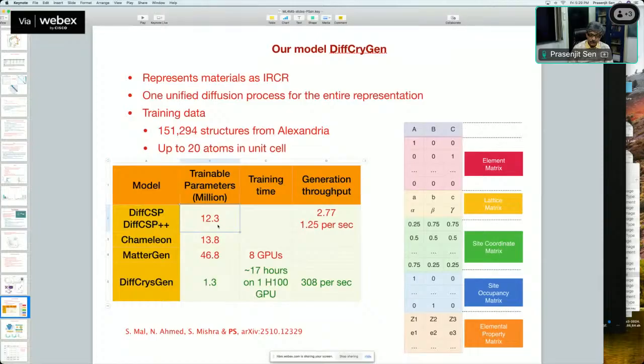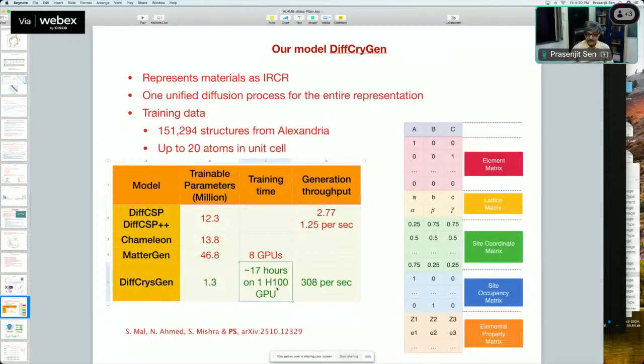These had 12 million parameters. Chameleon had 13.8. In comparison, because of this simple architecture, a single diffusion happens, so there is one score function that you have to estimate, so there is only one neural network. The number of parameters is much less, only 1.3 million.